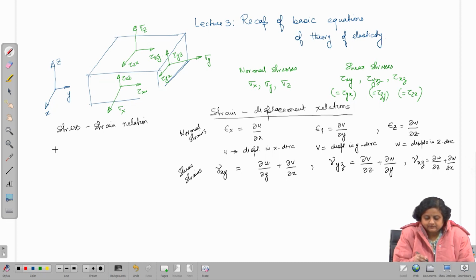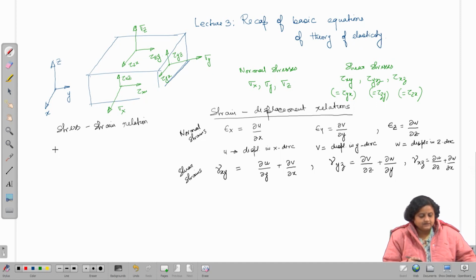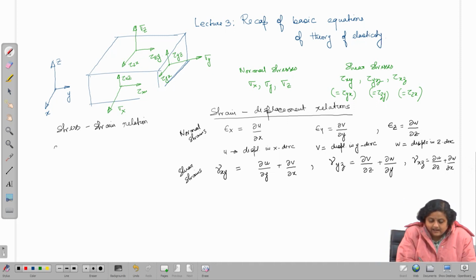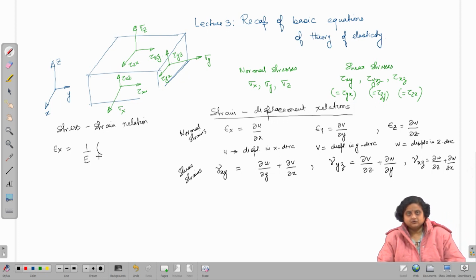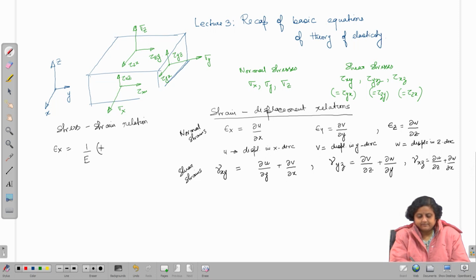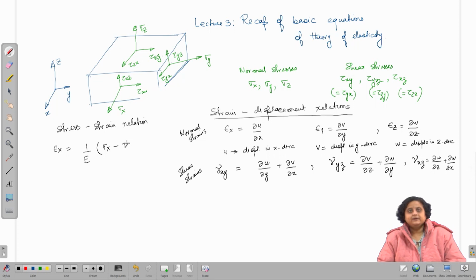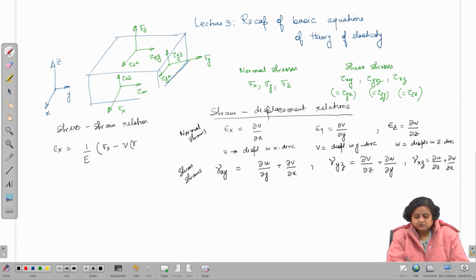The stress strain relation is obtained in terms of the Young's modulus and the shear modulus. So, epsilon x can be written as 1 by E, where E is the Young's modulus, for an isotropic material, into sigma x minus nu, nu being the Poisson's ratio, into sigma y plus sigma z.